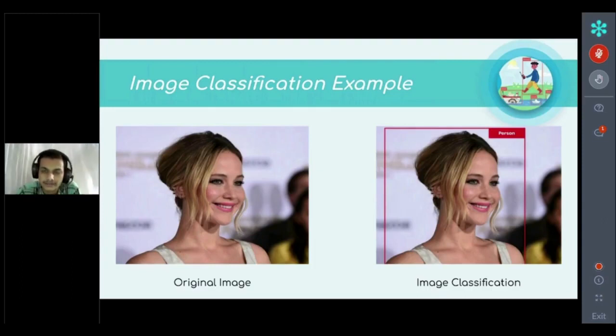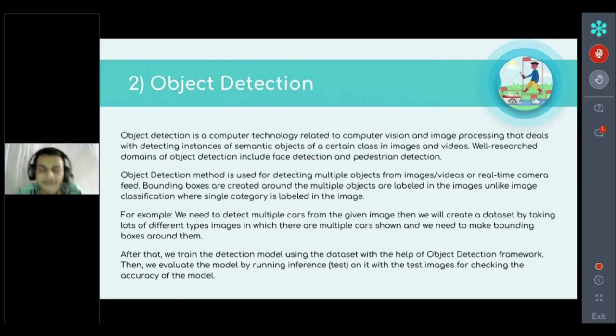And the next is object detection. Object detection improves on the limitation of image classification. We can label multiple objects in the images and train the data set out of it, and create the model from that. What we need to do is create bounding boxes around the objects.